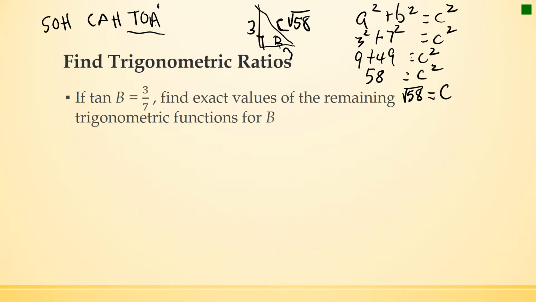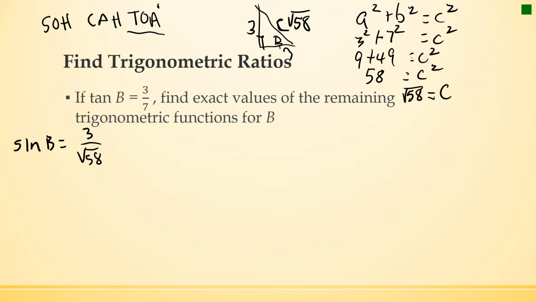trigonometric functions. We're going to start with the sine of B, which is the opposite over the hypotenuse. And so that's going to be 3, which is opposite angle B, over the square root of 58.